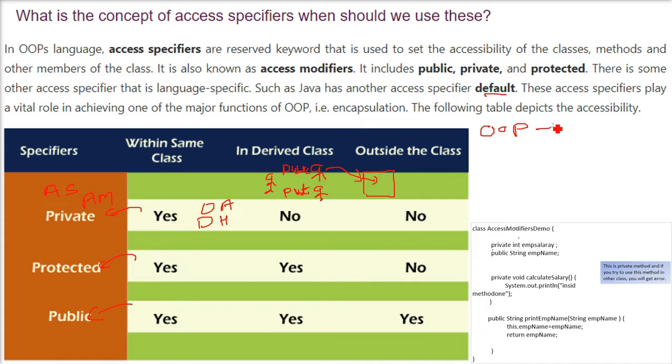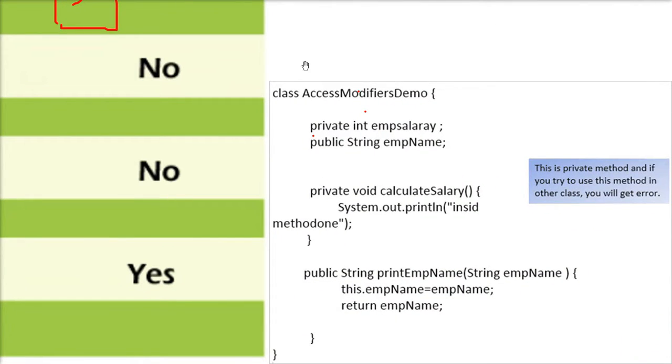So this is the table where we show what happens to private in a derived class and outside the class. Within the same class, private, protected and public are all accessible. Derived class, only public and protected. Outside the class, only public. See here, this is a class, and this is the class name.